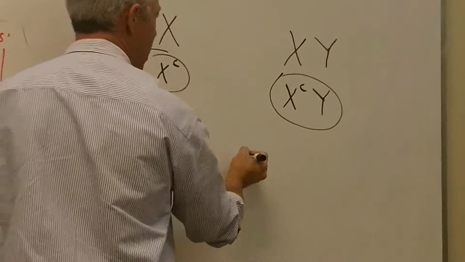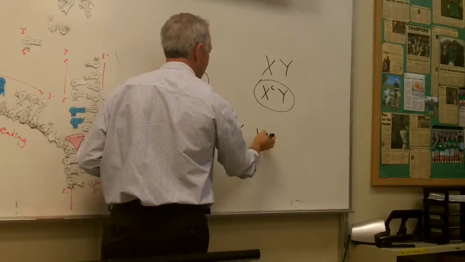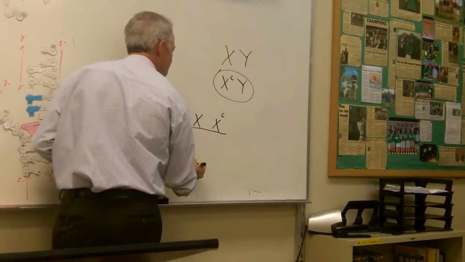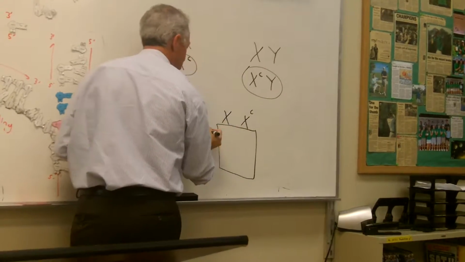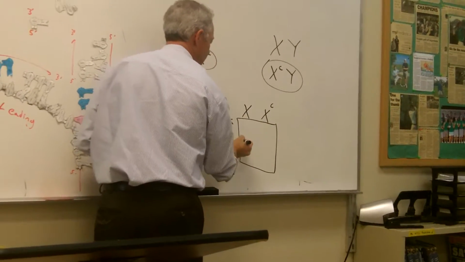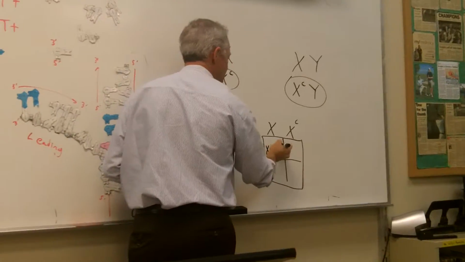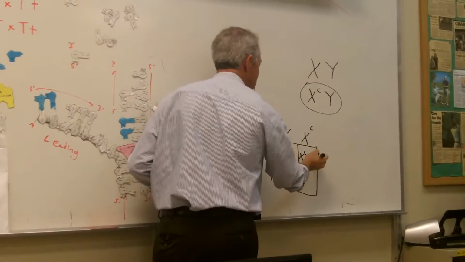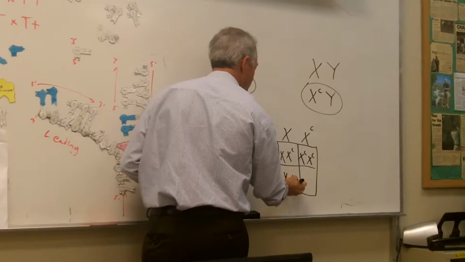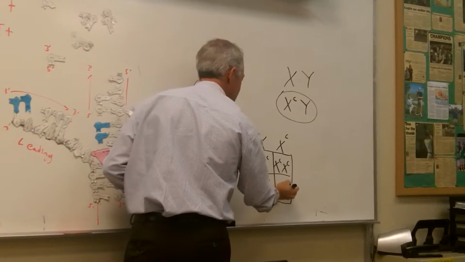Well, now your Punnett square has to have X, XC mated with XC, Y. And so you're going to get X, XC, XC, XC, XY, XCY.